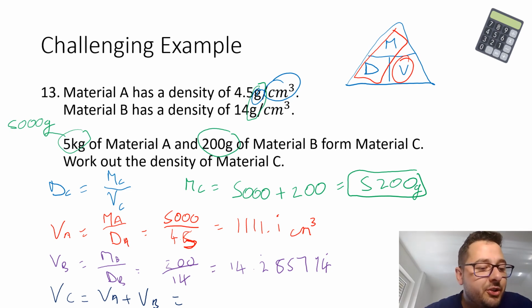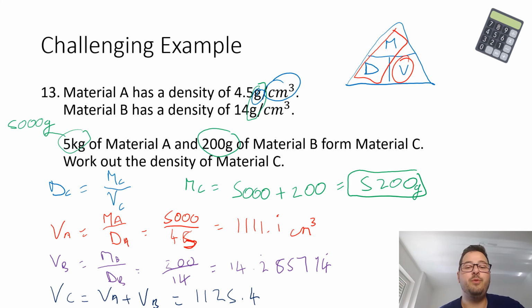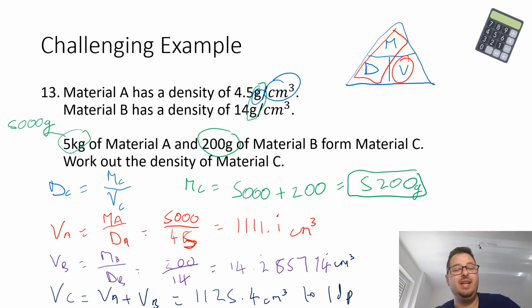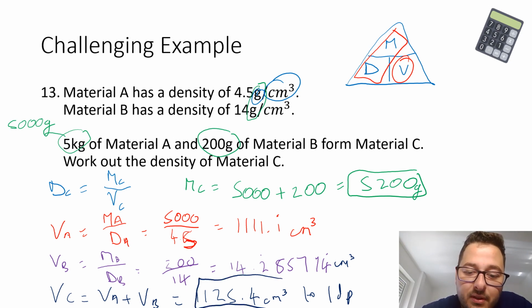Great, and then let's do it to 1 decimal place. It's going to be 1125.4, let's say, because it rounds up. So that is centimetres cubed. That was centimetres cubed as well. Okay, so now we've got the volume. And we've also got the mass.